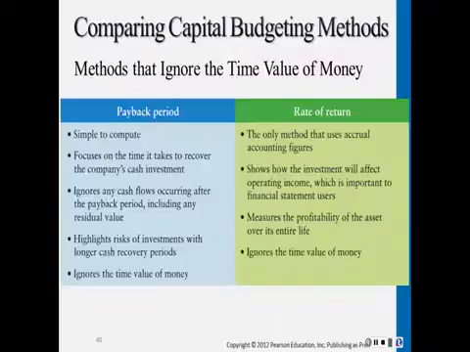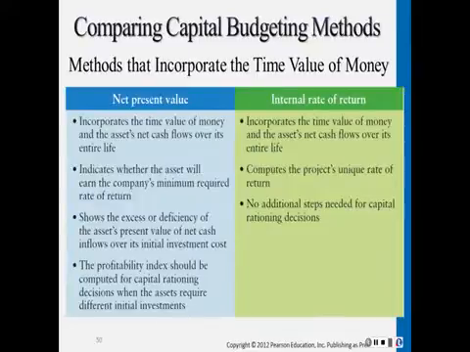When comparing capital budgeting methods, the payback period and the rate of return ignore the time value of money. The discounted cash flow methods are superior because they consider both the time value of money and profitability.